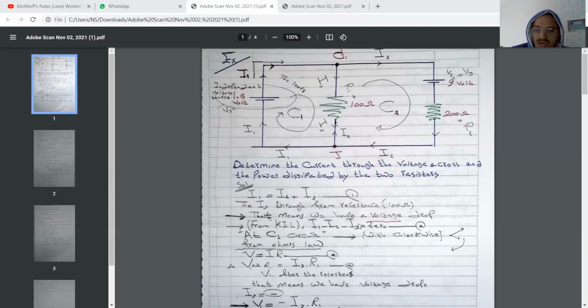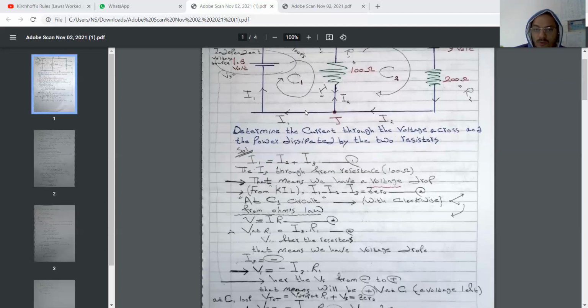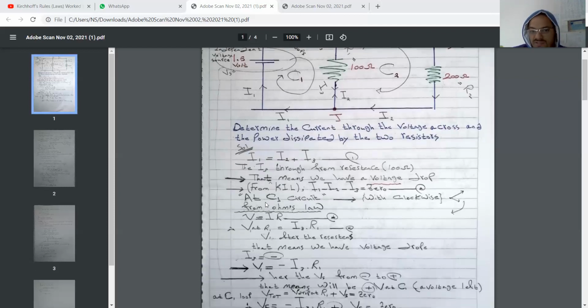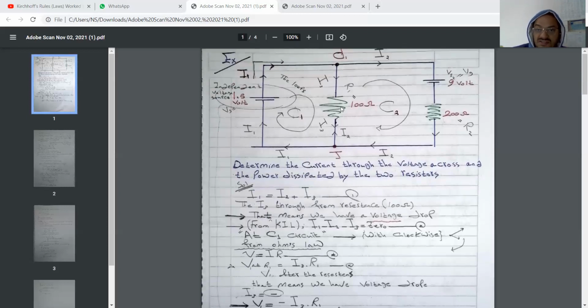Like I said before, from Kirchhoff's current law, I1 minus I2 minus I3 equals 0. Now let's work on loop 1. From Ohm's law, V equals IR, so the voltage at resistance 1 equals I3 dot R1.